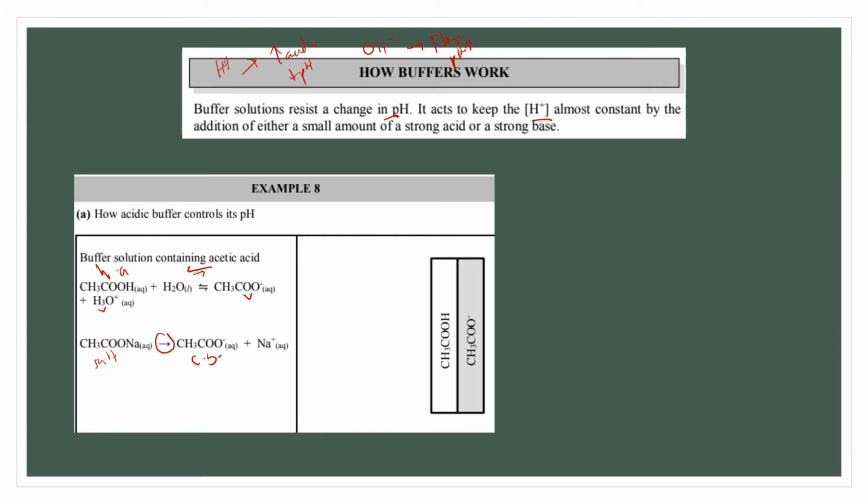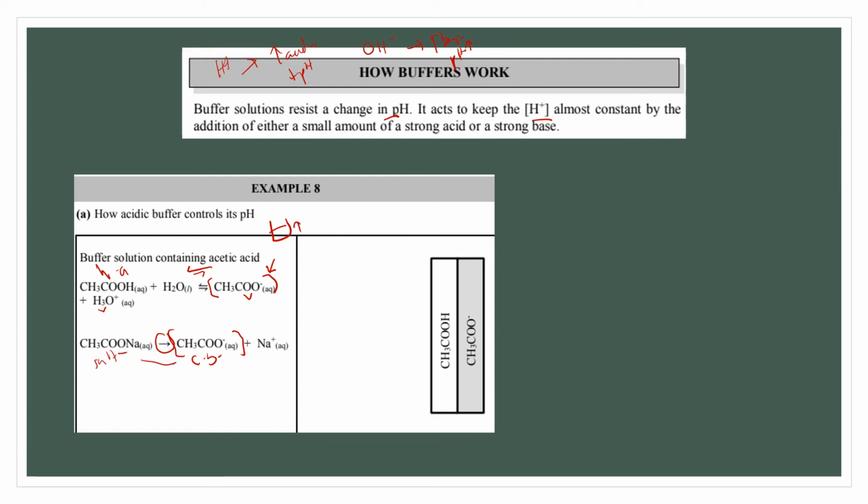So, bila awak letakkan salt ni, dia akan dissociatekan conjugate base ni. Kalau awak perasan, yang bawah ni adalah sama dengan yang atas ni. So, bila kita ada dekat sini, ini akan menyebabkan the concentration of the CH3COO- dalam beaker awak ni akan increase lah sebab kita datang salt ni yang fully dissociate.